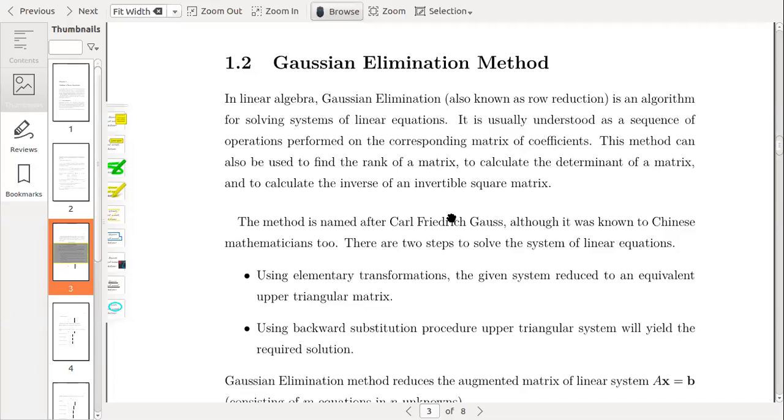So what is an invertible matrix? One whose determinant is not equal to 0. The Gaussian elimination method can also be used to find the rank of a matrix, meaning how many non-zero rows there are in echelon form, to calculate the determinant of a matrix, to find the exact value of the determinant, and to calculate the inverse. So the Gaussian elimination method has a variety of applications.